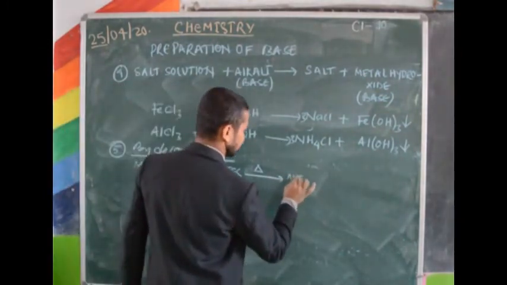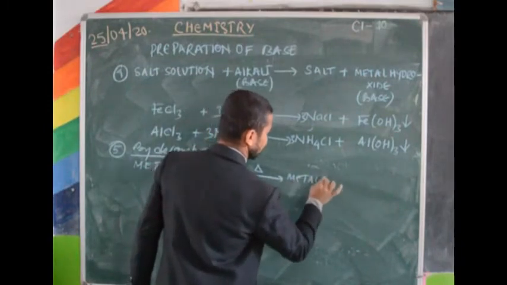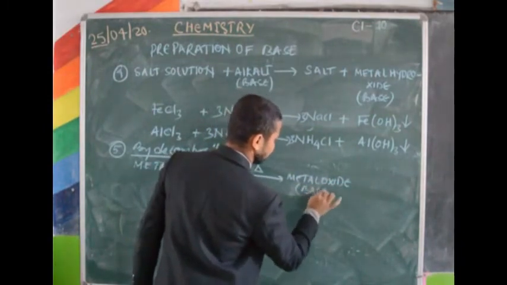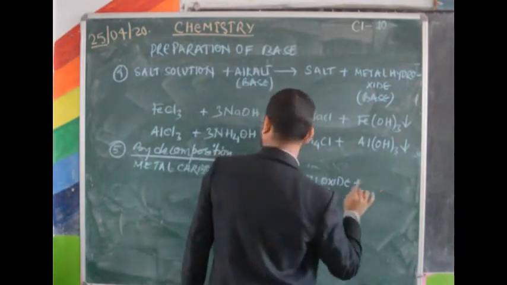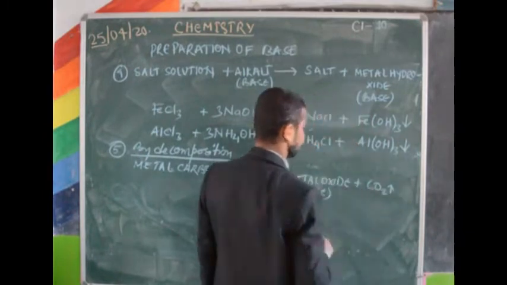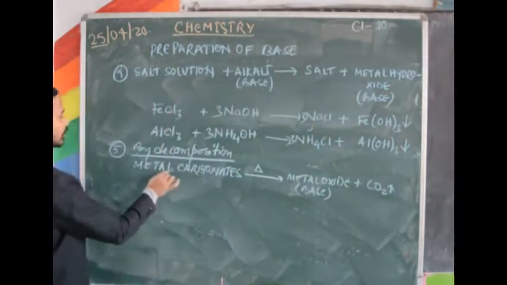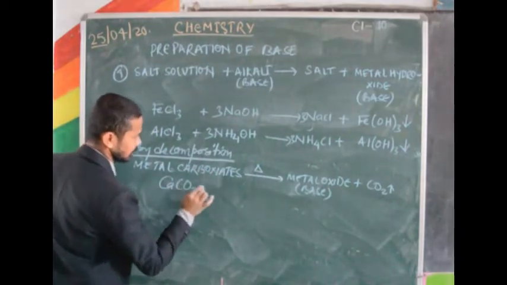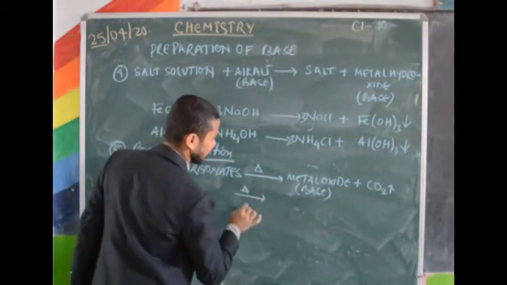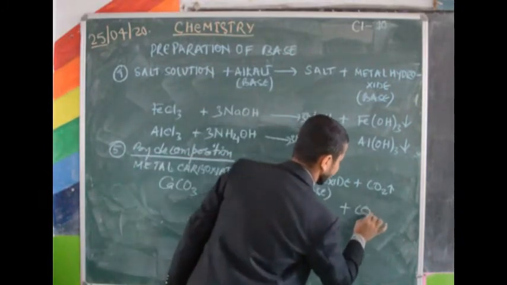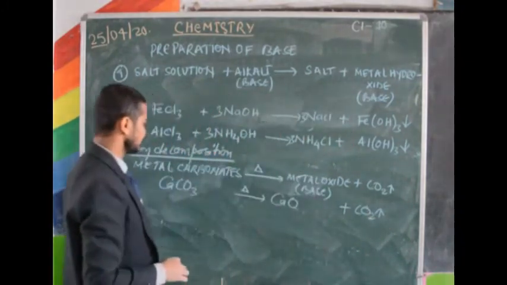So metal oxide, which is a base, plus carbon dioxide gas. Now metal carbonate, calcium carbonate on heating gives calcium oxide plus carbon dioxide gas.